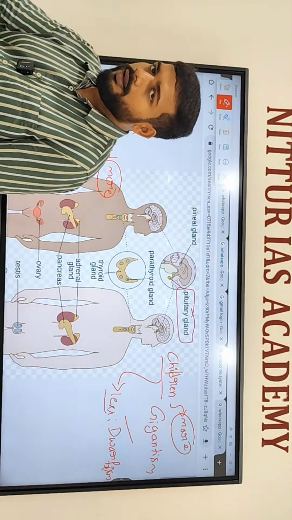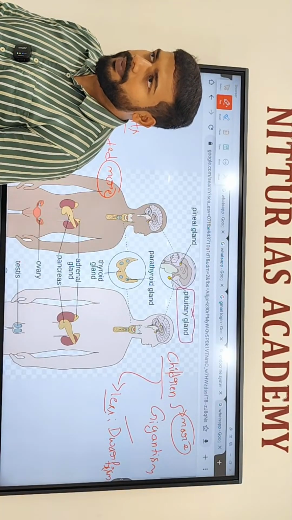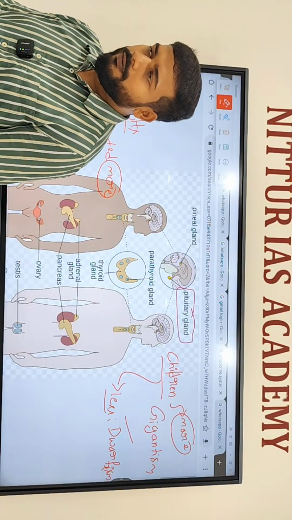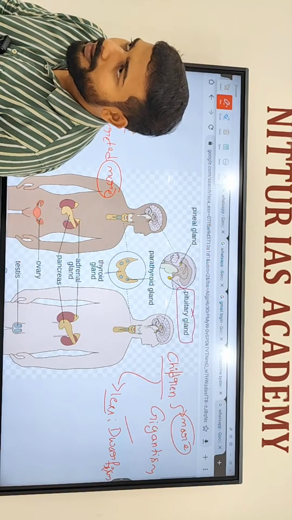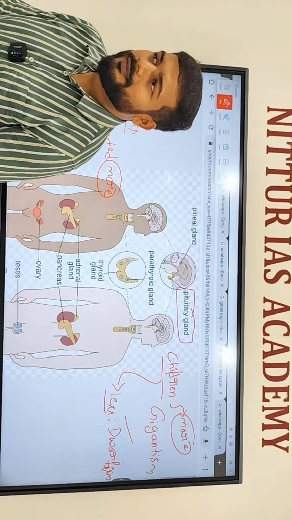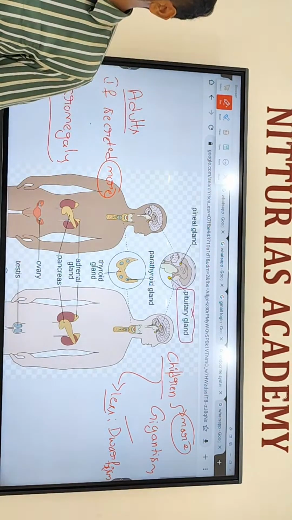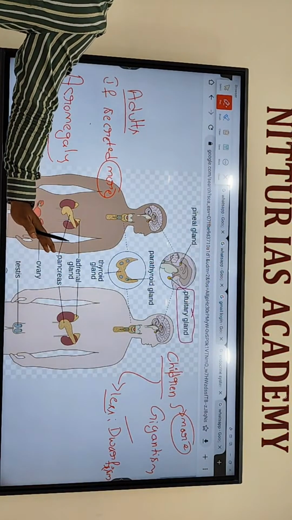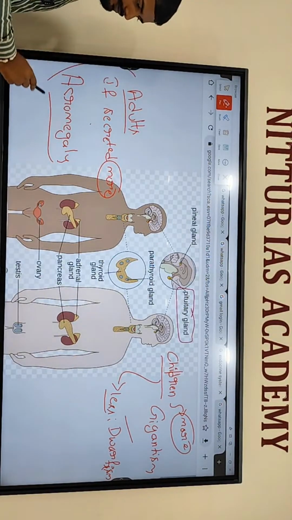Generally, if you stand, your hand should come to about 3/4 of your thigh. For a person suffering from acromegaly, the hand will be till here. Bone length increases, jaw length increases, height increases. That condition is called acromegaly, in adults.